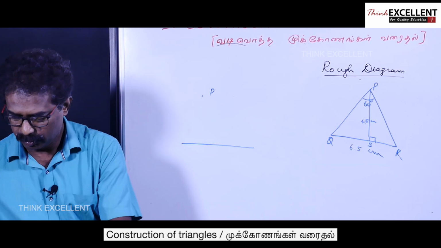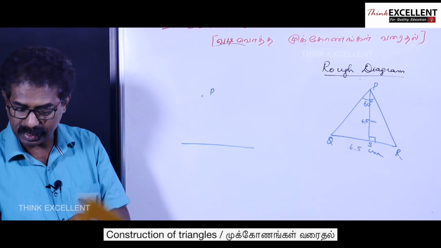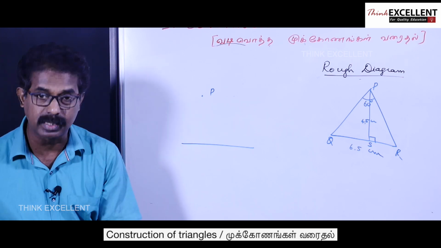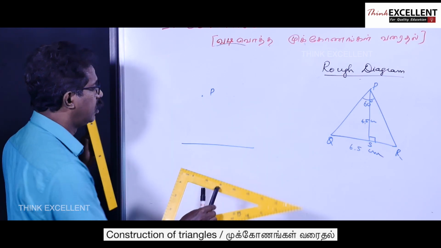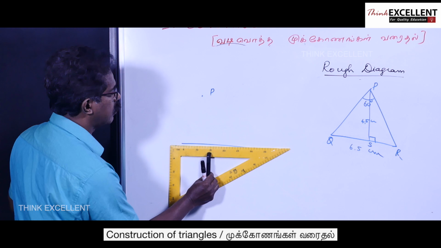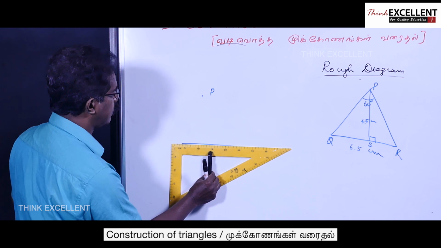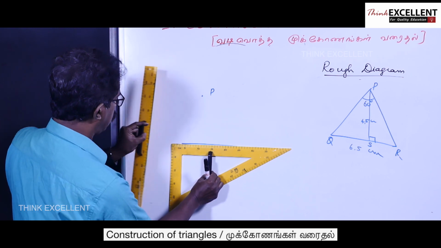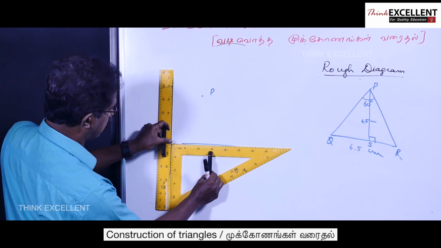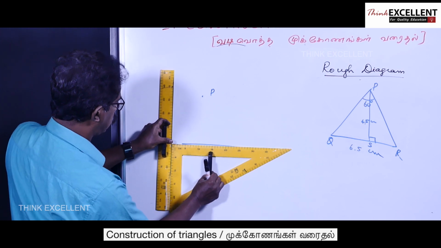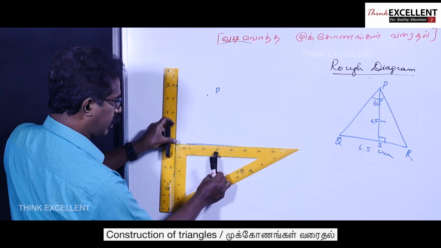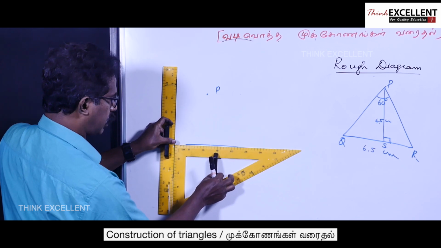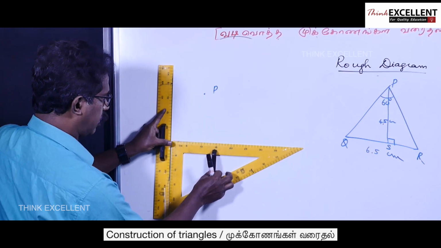So here, using set square and scale, you can draw this. Listen, set square you keep like this, along the line, keep it fixed. Now scale you place it like this. So keep the scale fixed and leave this, you can move it, right? But don't change this scale. Move it.